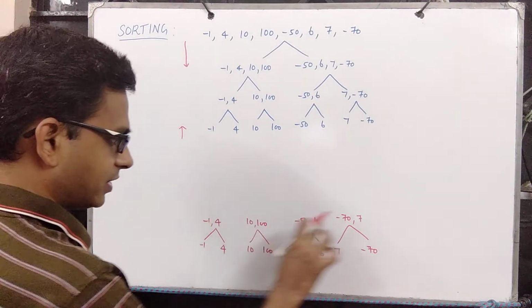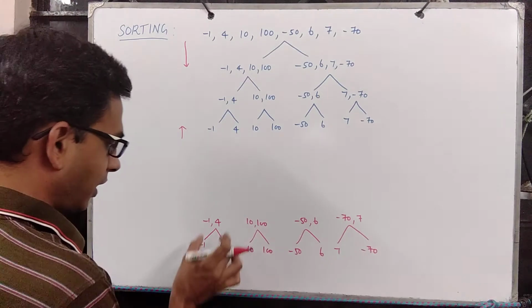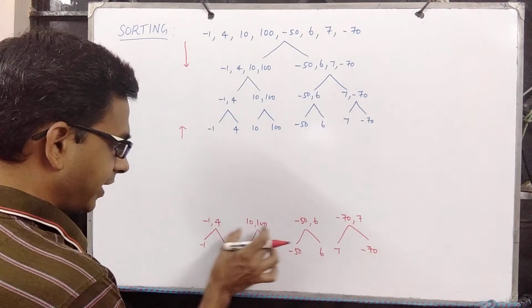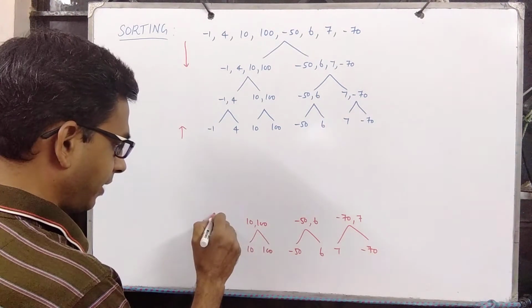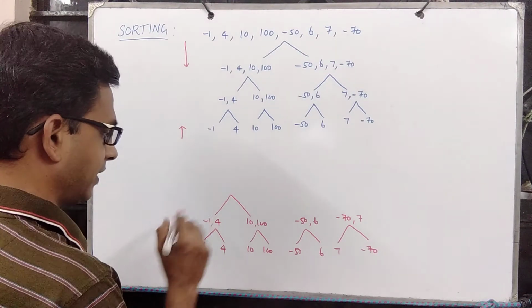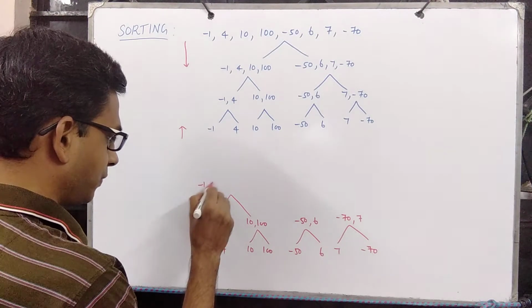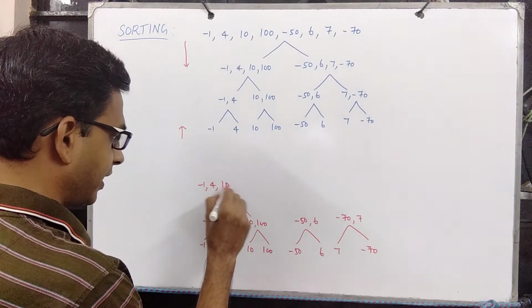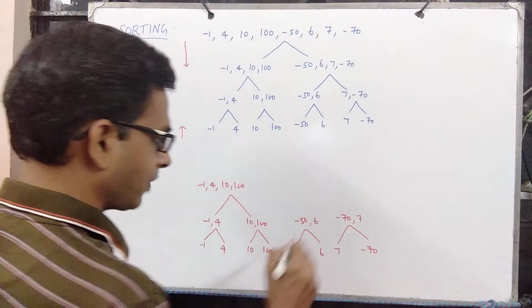Now each of these is sorted. This is a sorted subarray and this is another sorted subarray. Using these two, we create a sorted subarray at this level, which is minus 1, 4, 10 and 100.